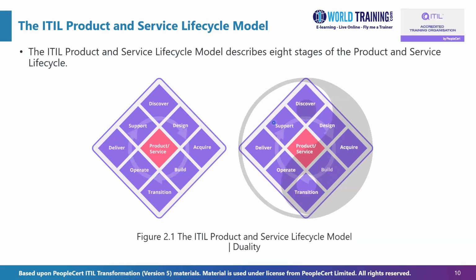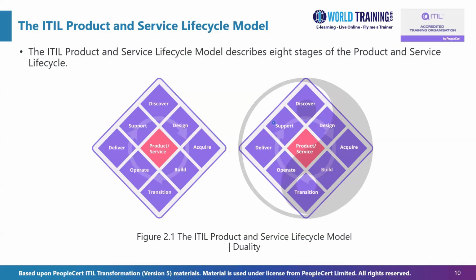So this model also embeds even the ITIL V3 life cycle stages. You might recollect if you had done the V3, then we had the 5 life cycle stages such as service strategy, service design, service transition, service operation, and continual service improvement. So those 5 life cycle stages are not fully different from these 8 life cycle stages here.